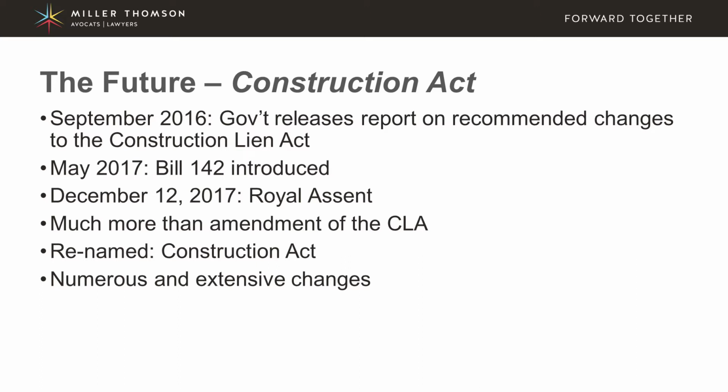Bill 142 was granted royal assent on December 12, 2017, and this bill amends various statutes, as well as the Construction Lien Act. One of the amendments that has come into place because of Bill 142 is that the Construction Lien Act will be renamed the Construction Act.